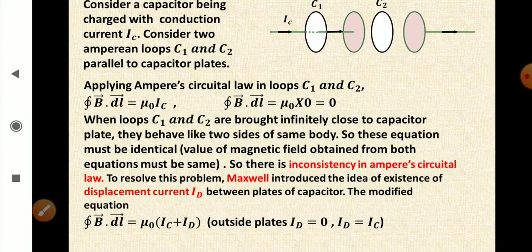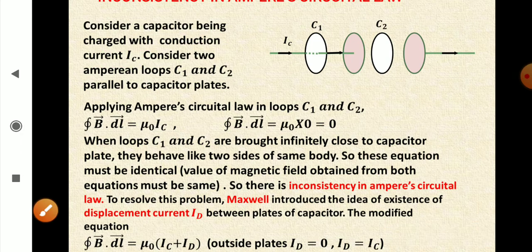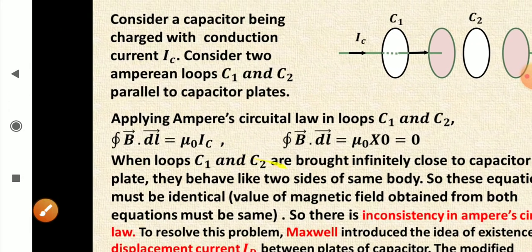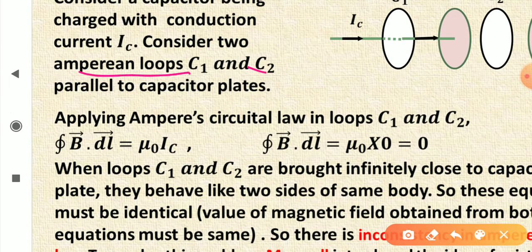See, I'm showing it here. I'll just read out. Consider a capacitor being charged with conduction current IC, and consider two Amperian loops C1 and C2 parallel to capacitor plate.